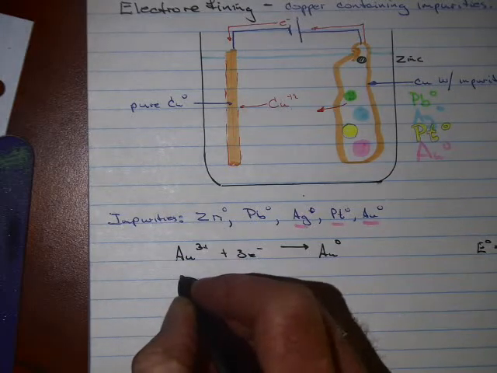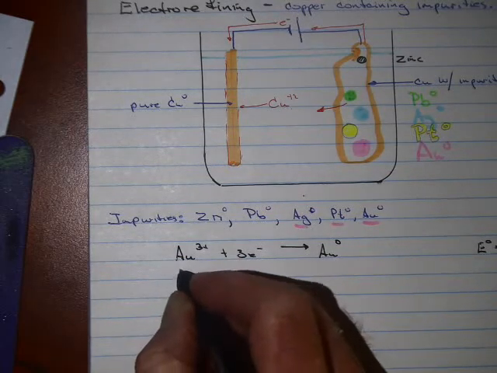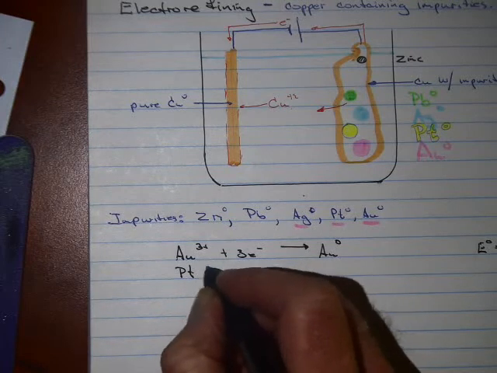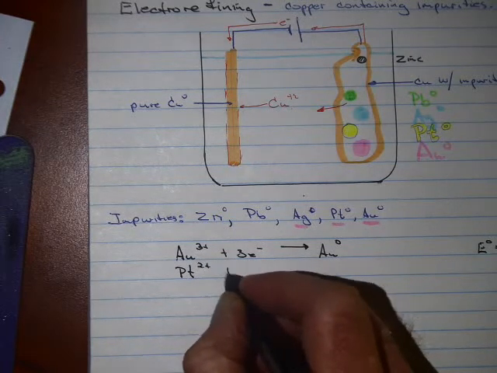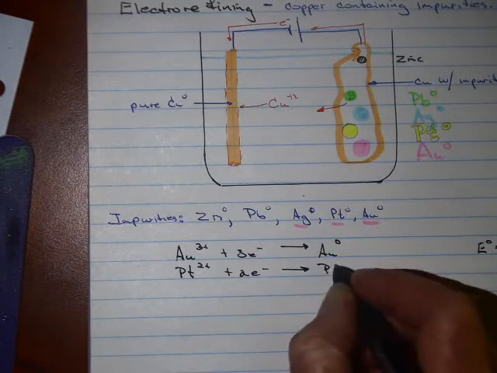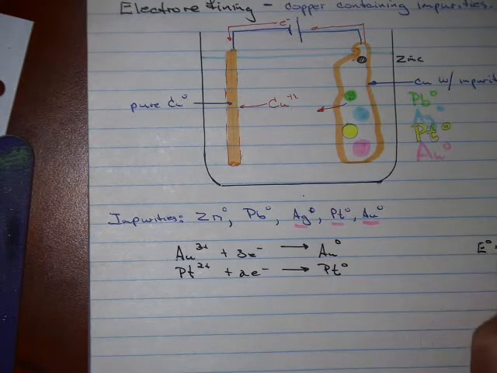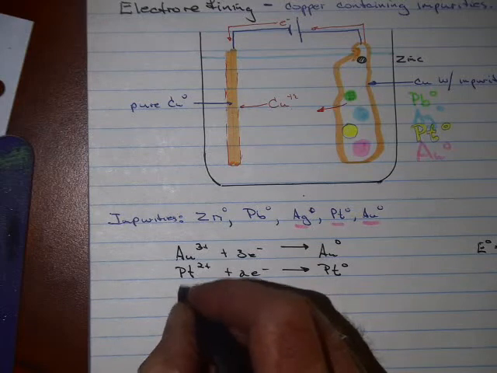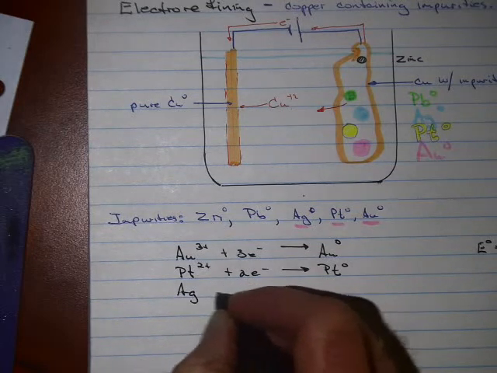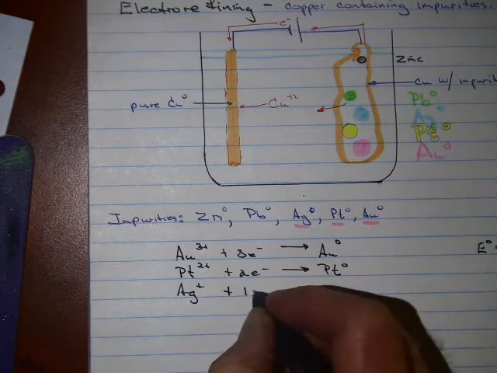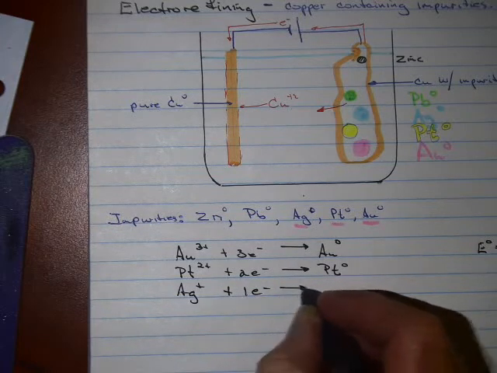Okay, the next one down is platinum, platinum 2 plus plus 2 electrons to produce platinum, and that is at plus 1.20. Silver is the next, single valence, with 1 electron, and it'll produce silver.